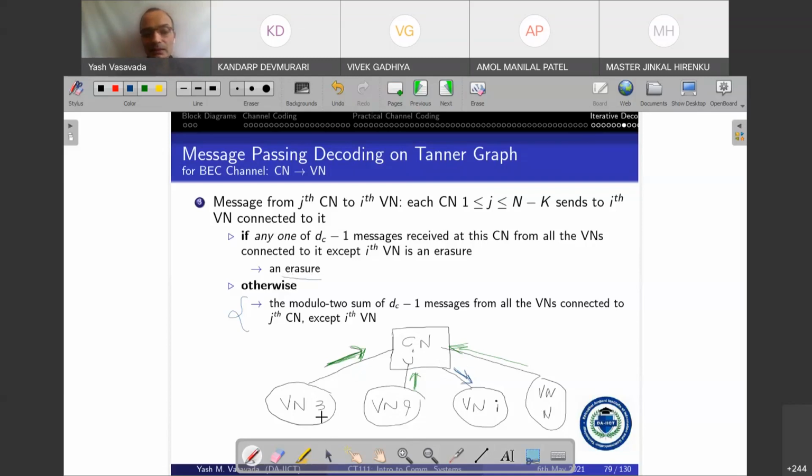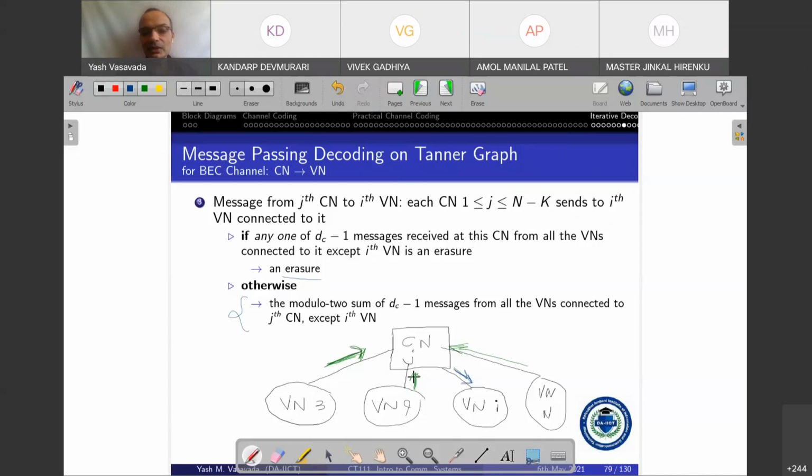But if all of them are not erased, which may happen right away at the very iteration number 3, or it may happen later on in the iterative approach. If none of these DC minus 1 messages is erased, remember DC is the degree of the check node. Why DC minus 1?